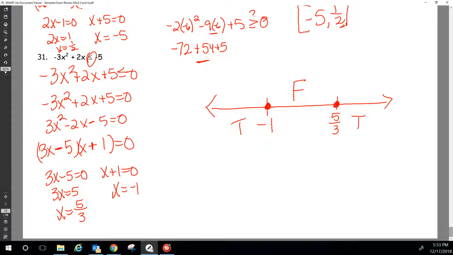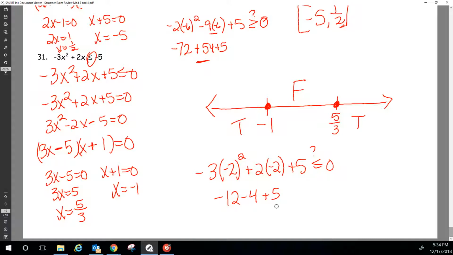What's a number less than negative 1? Let's put in negative 2. Is this less than or equal to 0? Negative 2 times negative 2 is 4, times negative 3 is negative 12. 2 times negative 2 is negative 4 plus 5. So negative 16 plus 5 is definitely less than or equal to 0, so this is good.